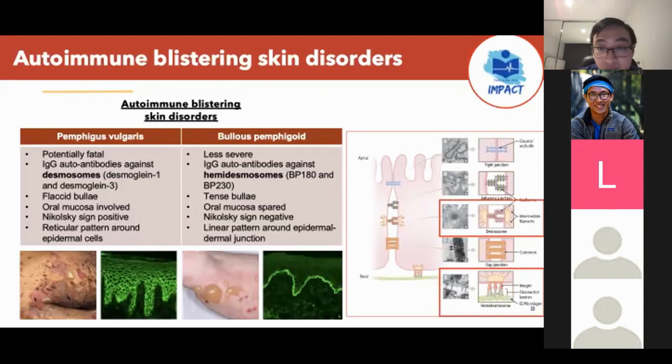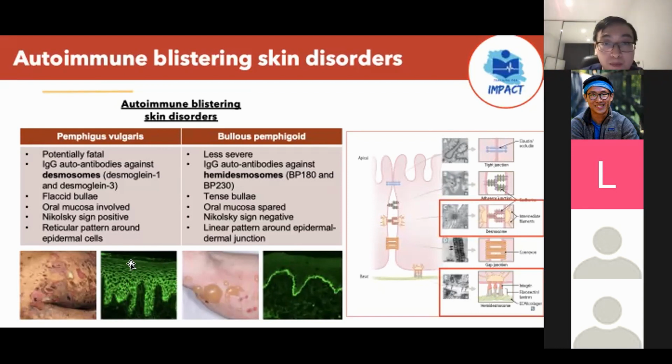Now, if we take a skin biopsy, which is how we diagnose these conditions, a punch biopsy, and perform what we call direct immunofluorescence to actually visualize the culprit autoantibodies, in pemphigus vulgaris we classically see this reticular pattern around epidermal cells.